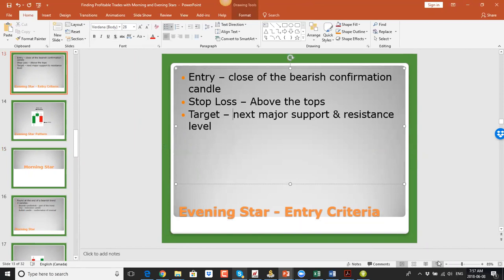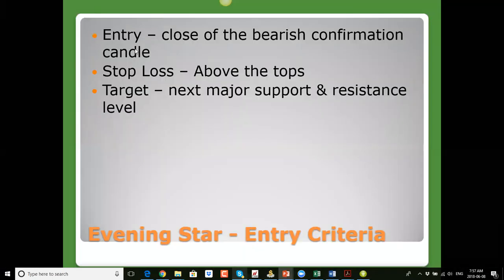Okay. All right, so for entry, like I said, for our evening star pattern will be at the close of the bearish confirmation candle, and then we are looking for price to drop, and our stops would go above the high. And usually I look for this at major support and resistance levels because we don't want to take this pattern randomly.